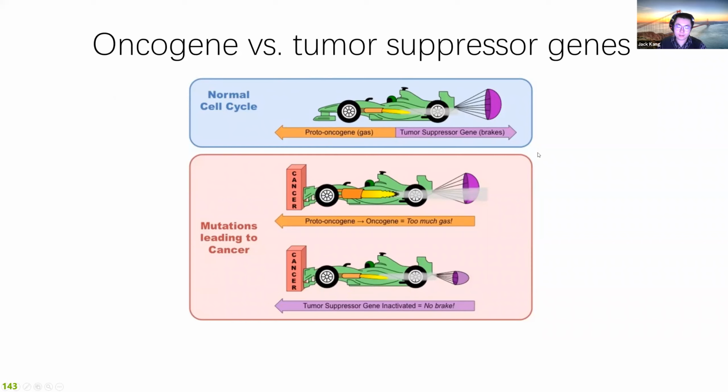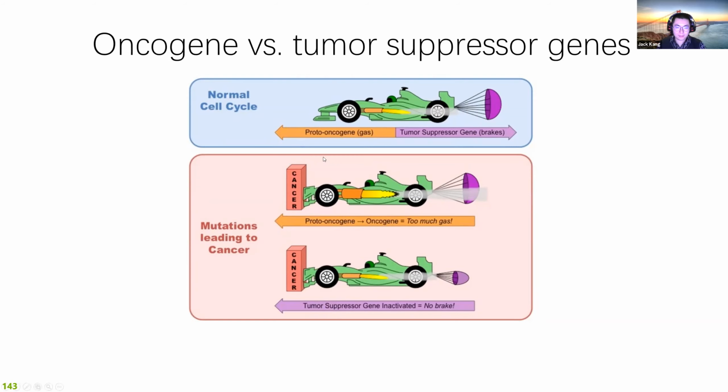And tumor suppressor genes are genes that stop over-proliferation, so it's like the brakes. These two types of genes functioning together ensure that your cells proliferate and replicate normally, but stop at certain time points, so the proliferation does not lose control.